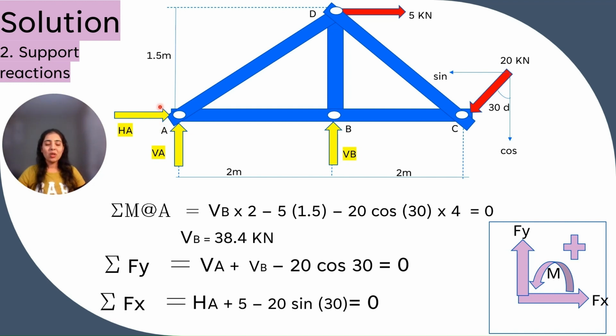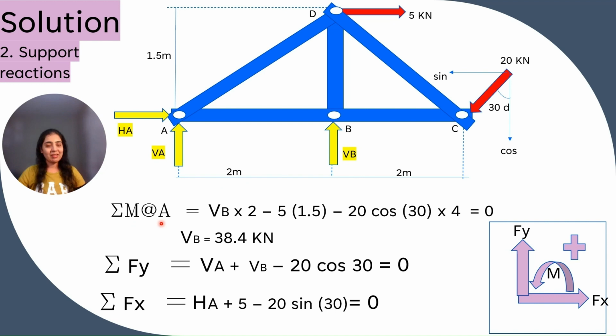So these two unknowns will get eliminated in that equation and I can easily find the remaining unknown. So let's apply summation of moment at support A.